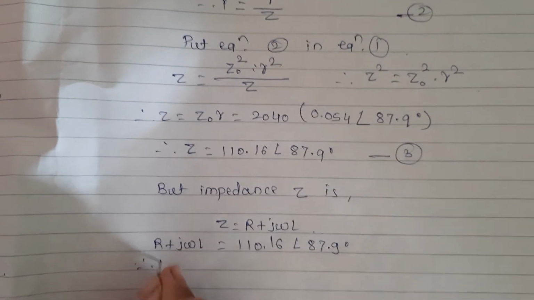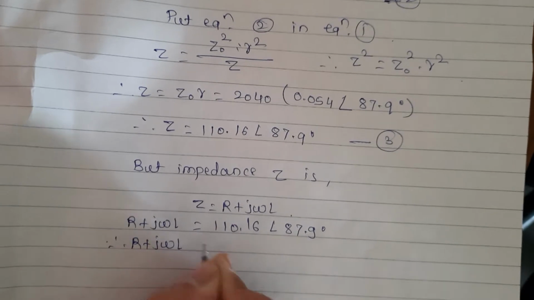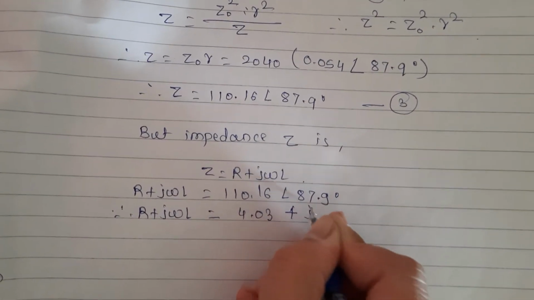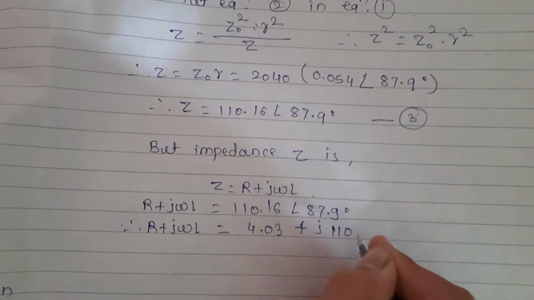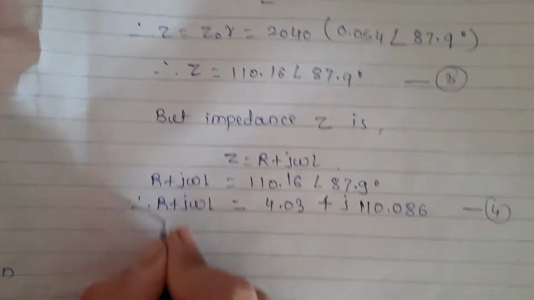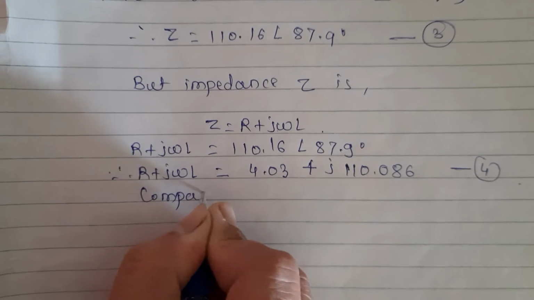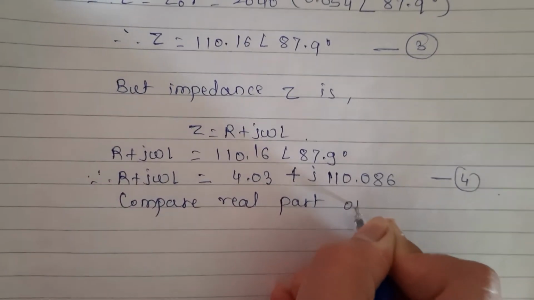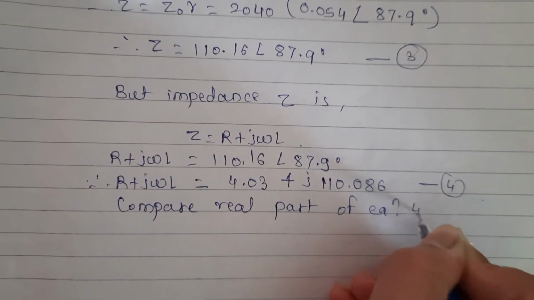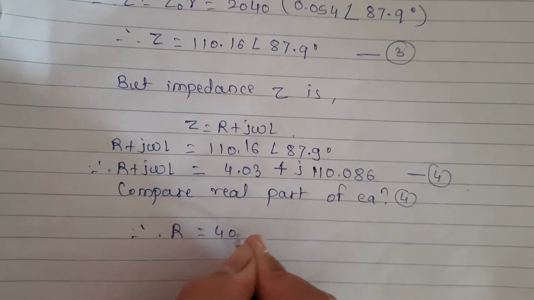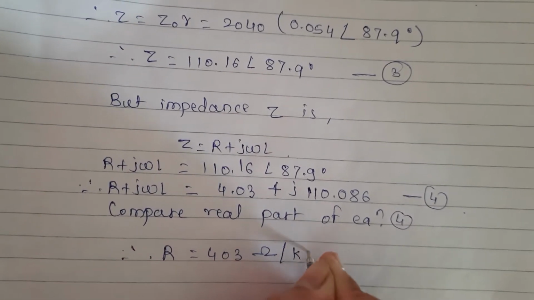Therefore we have to convert it into the form of J. So it is 4.03 plus J 110.086. Now compare real part of the equation 4. Therefore R is equal to 4.03 ohm per kilometer.